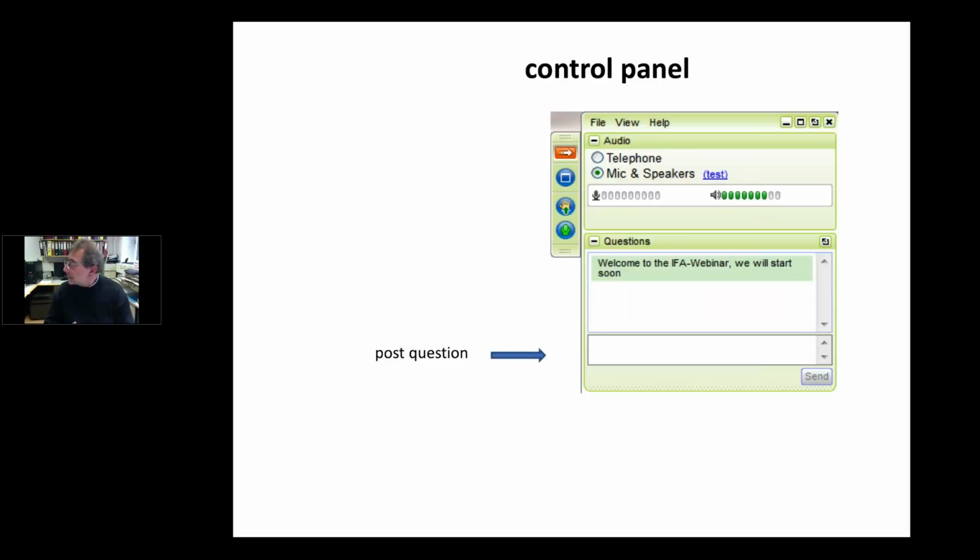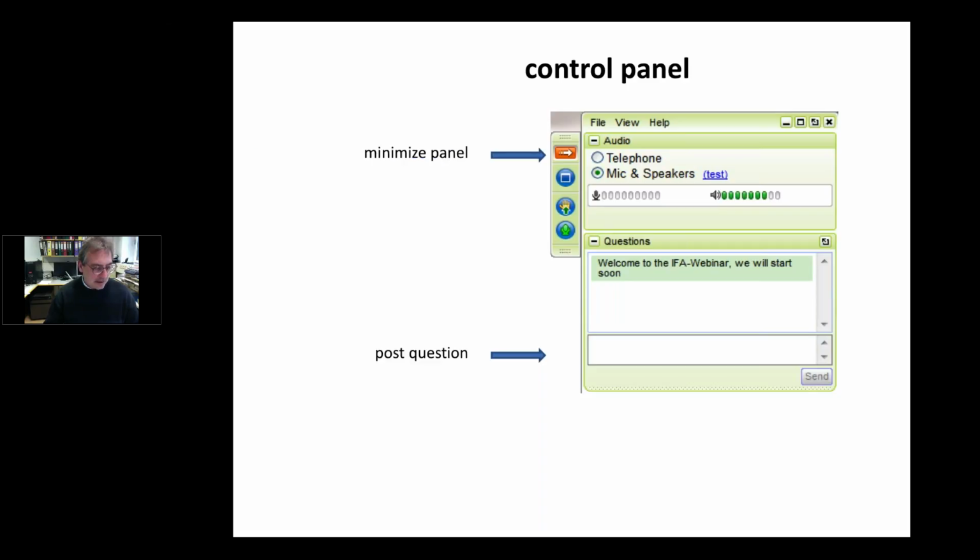So do you see my screen now? Okay. On the control panel, you have a box where you can type your questions, and then I can forward it to the presenter and he can answer that.